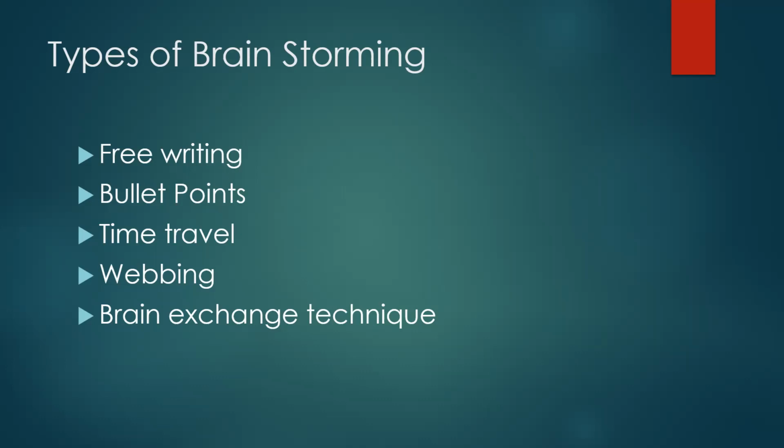Then time travel, where you imagine going back or coming ahead for 50 years, 100 years, whatever. Then you think based on the time. Then webbing, where you write an idea in the center of the sheet, circle it and write something similar to that, and you continue the process until you fill the full page.